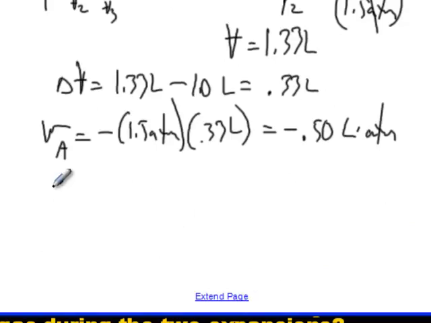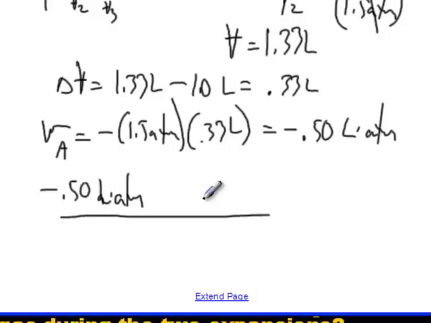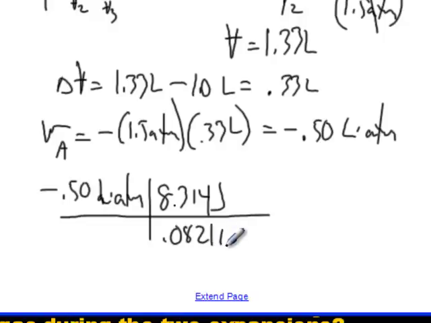And if we want to convert that into joules, remember the trick is 0.50 liter atmospheres is multiplied by this conversion factor. 8.314 joules is the same as 0.0821 liter atmospheres. And when you do this conversion, again, it's going to be about 100 times 0.5, which ends up being negative 50.6 joules. So that's the work done in step A.